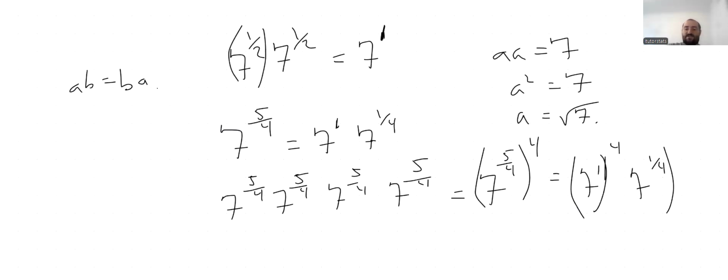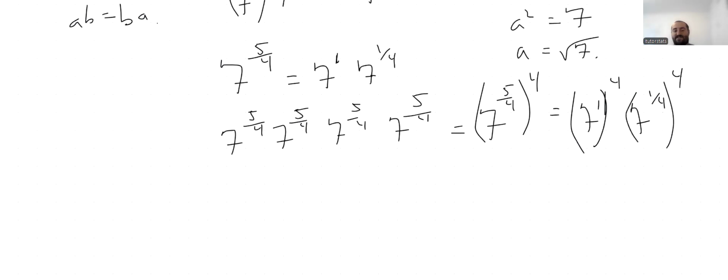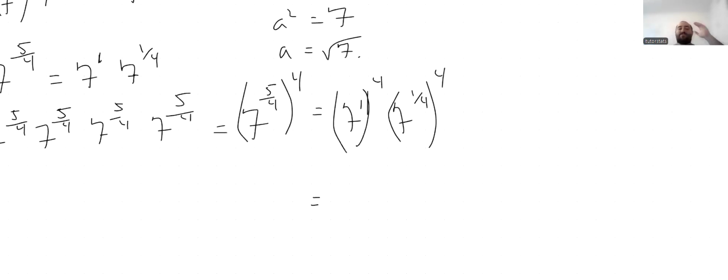Okay, so if I multiply by 7 4 times, I should have 7 to the 4th. If I multiply by 7 to the 1/4, meaning I multiply by 7 1/4 of a time, but I do that 4 times, that's equivalent to multiplying by 7 one whole time. So this should be 7 to the 5th.